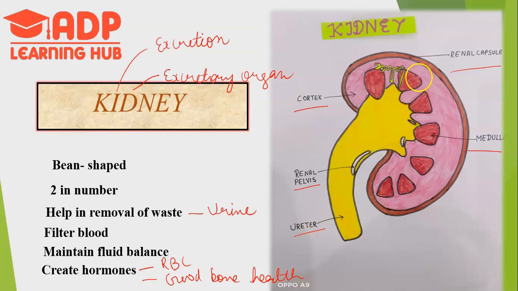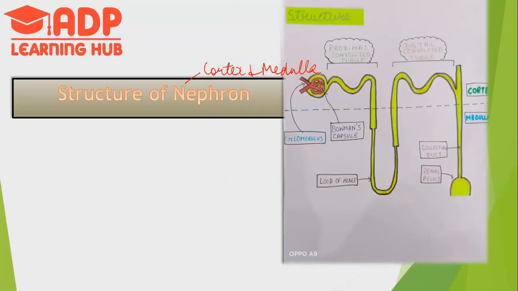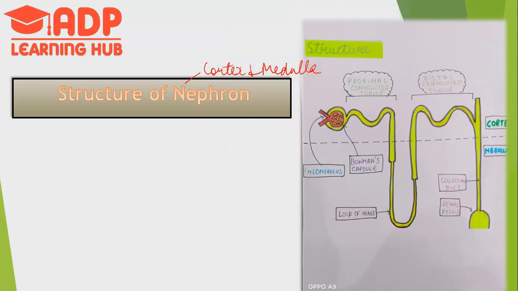So in this structure we have our main topic of discussion, that is the nephron. This nephron is present between the cortex and the medulla region of the kidney. This is the structure of the nephron which we are going to discuss in our lecture.